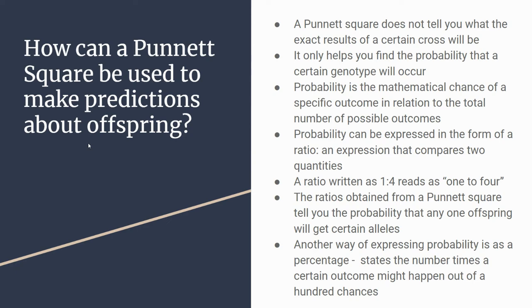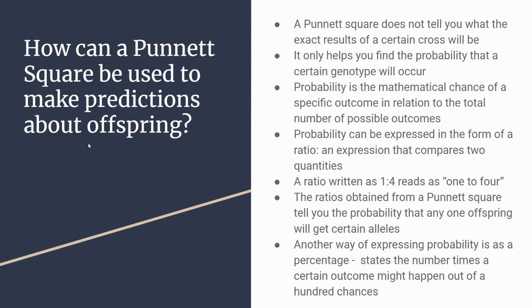It only helps you find the probability that a certain genotype will occur. Okay, so that cross that you did, or the cross that's down there on page 342, you can see the outcome. We're going to do that one in a second.